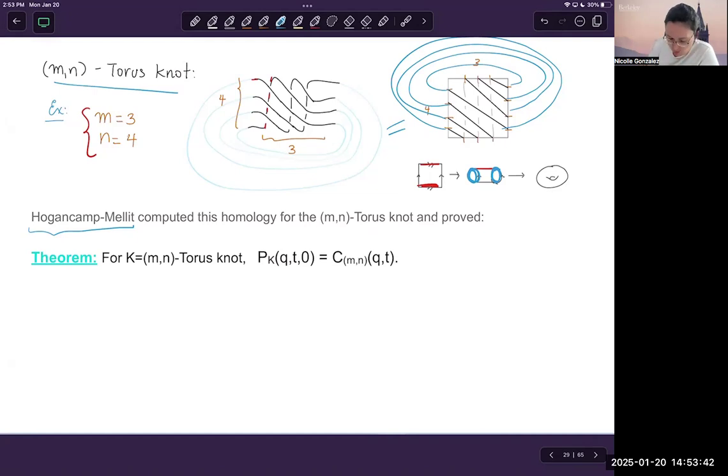And they proved that when you have this knot, this Poincare polynomial that we just talked about in the previous slide actually coincides with these M,N rational q,t-Catalan numbers. So this is this rational q,t-Catalan polynomial.